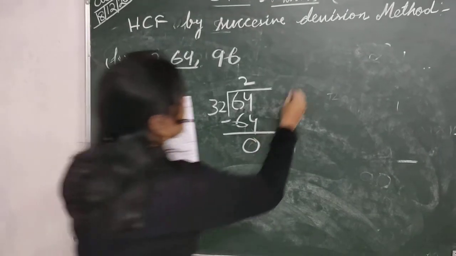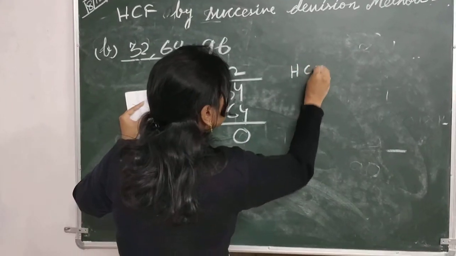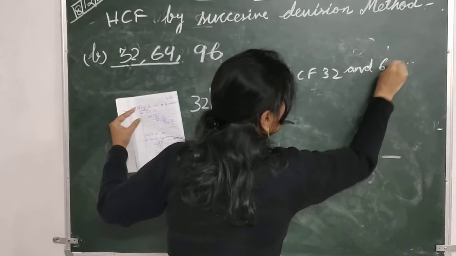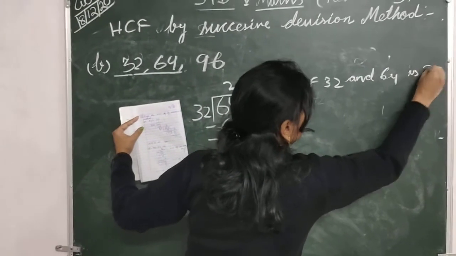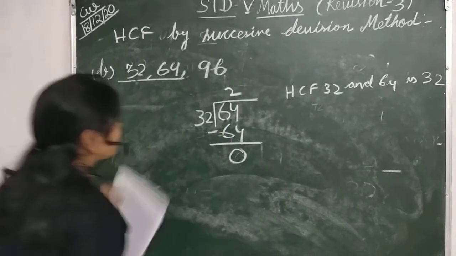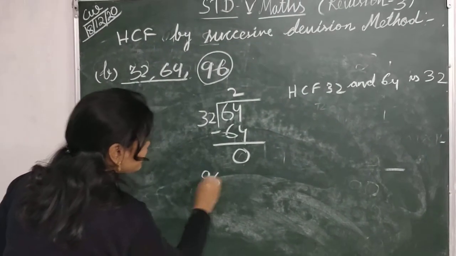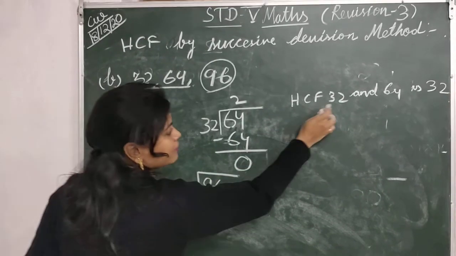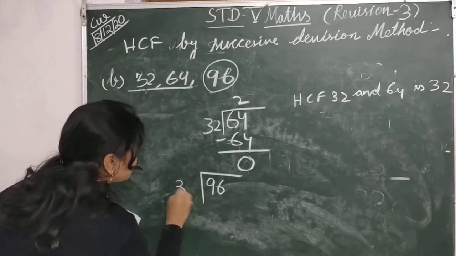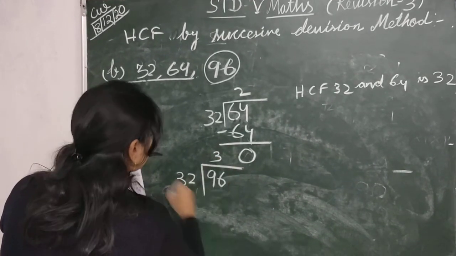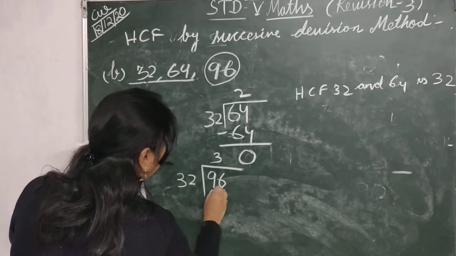Children, here HCF of 32 and 64 is 32. Okay. Now again I am going to divide 96 by the HCF of 32 and 64. Okay. Here 32. 32 threes are 96.